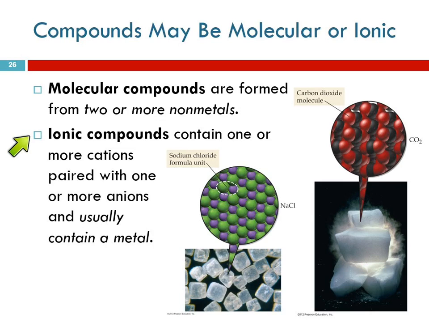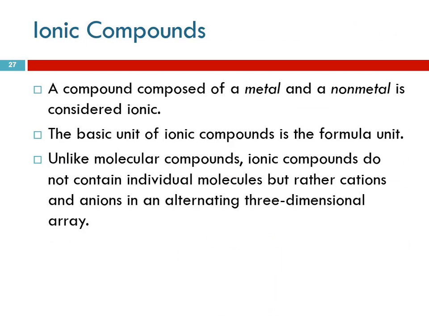Ionic compounds are going to contain ions, a cation and an anion. Usually ionic compounds are going to contain a metal. Usually the cation is going to be a metal, but that's how you identify the difference between molecular and ionic compounds. So anytime we have a compound that contains a metal and a nonmetal, that's considered ionic.